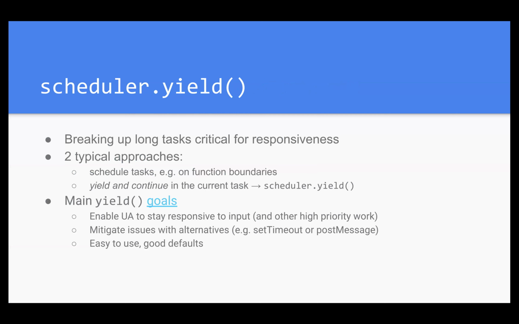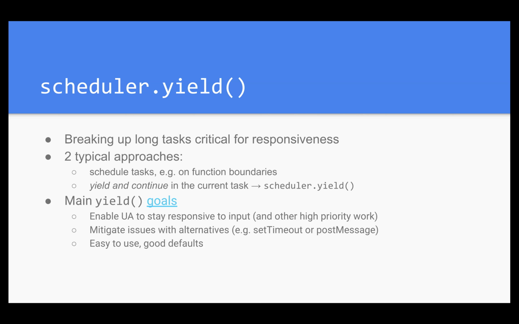Another approach, which is simpler and works in a lot of cases, especially if you already have async tasks, is you just want to yield and continue in the current task. You don't need to pass a callback to start over. You just want to yield, let the high priority stuff run, and then resume. So that's the pattern we're going for with scheduler.yield.